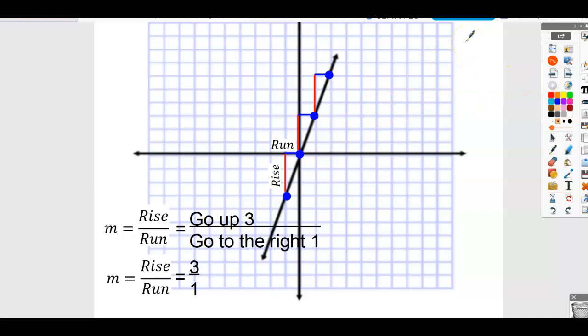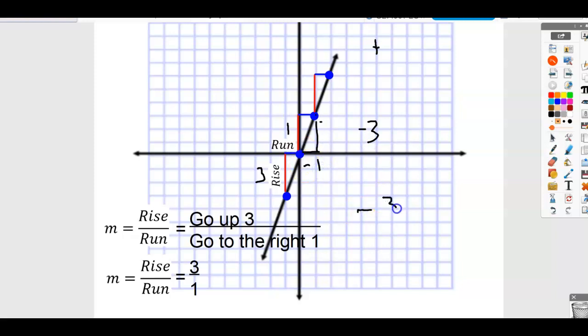Here, same thing. And again, your points are these points that are right where the lines form that 90-degree angle. And so here, each time I go up 3 and to the right 1, I could say I go down 3, which would be negative 3, and to the left 1.